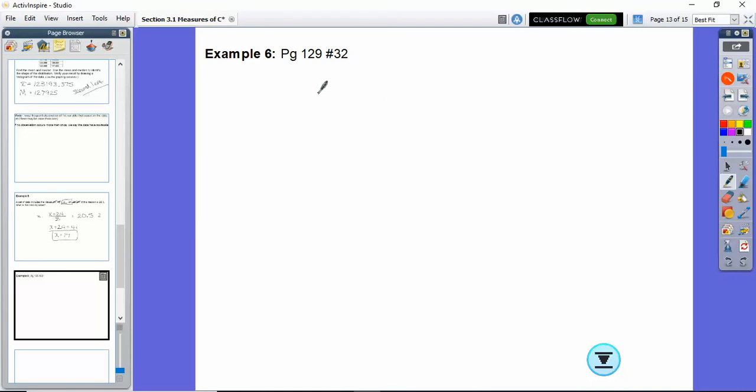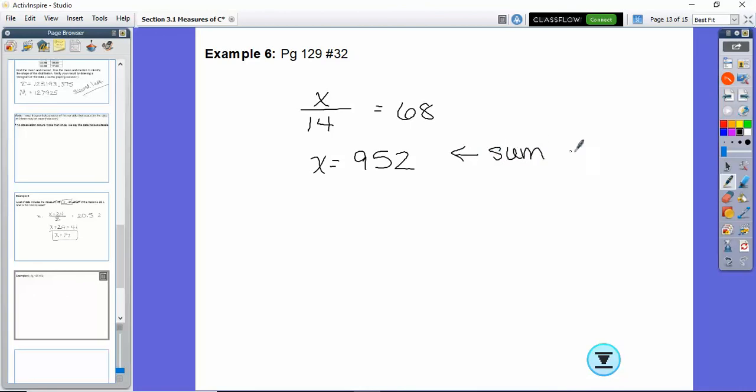Okay, so since I don't know the points, I don't know what it added up to. But I would have divided by 14, and we got 68 inches. So now we could find my x. So this is the sum of the first 14 heights. So when Danielle walks in, what do I have to do to find my mean?